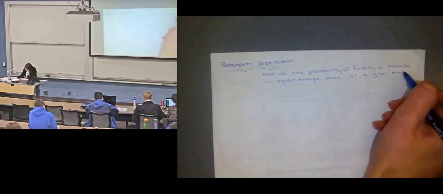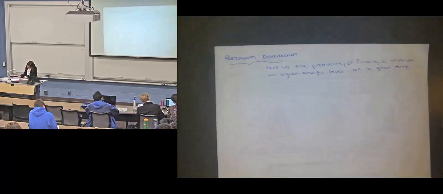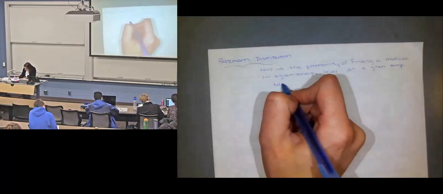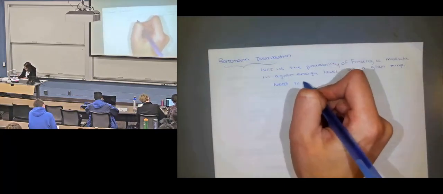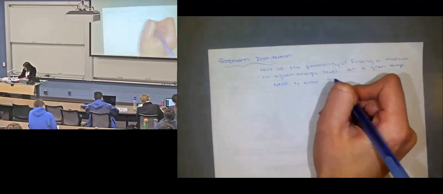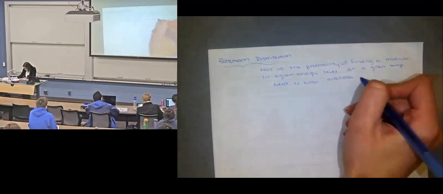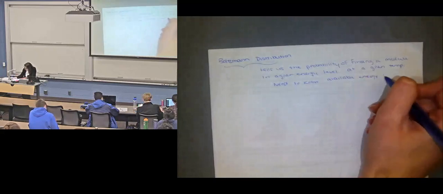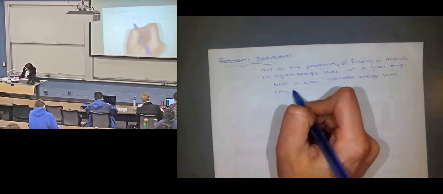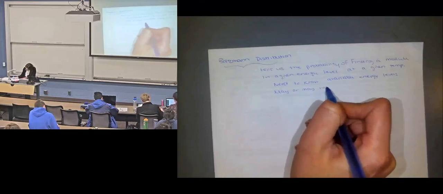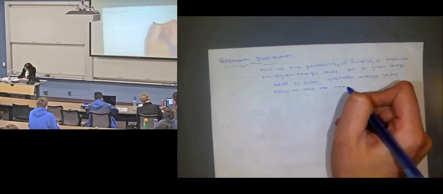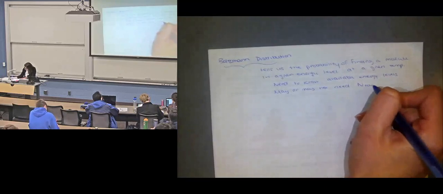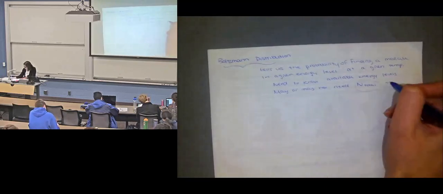And if you have a new temp, you need to do a new calculation. You need to know the available energy levels. And you may or may not need N total, okay? Keeping in mind that we always expect this.